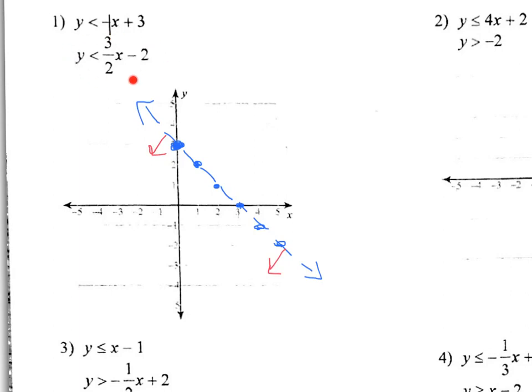Okay, here's our second line. So I'm going to start off at -2. And then my slope is +3 over 2. So I'm going to go up 3 over 2, up 3 over 2. I could even go backwards by going down 3 over 2. And since this is a regular less than, I know it's going to be a dashed line as well.